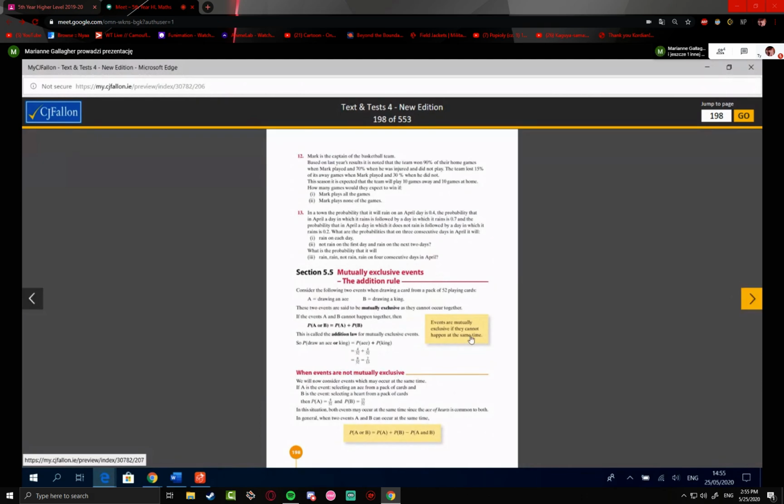Mutually exclusive events means they cannot happen at the same time. If you're thinking of Venn diagrams, there'd be nothing in the intersection.